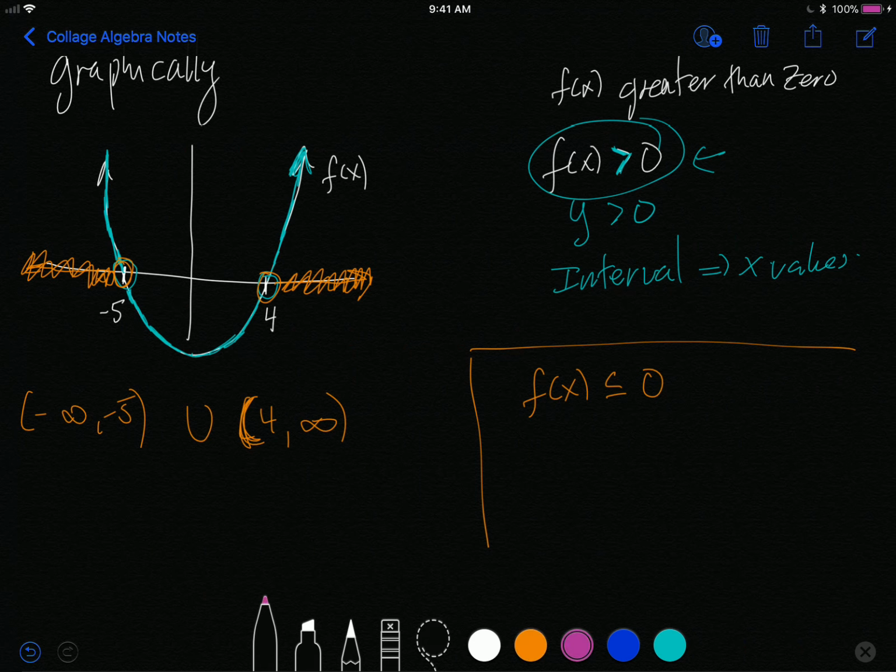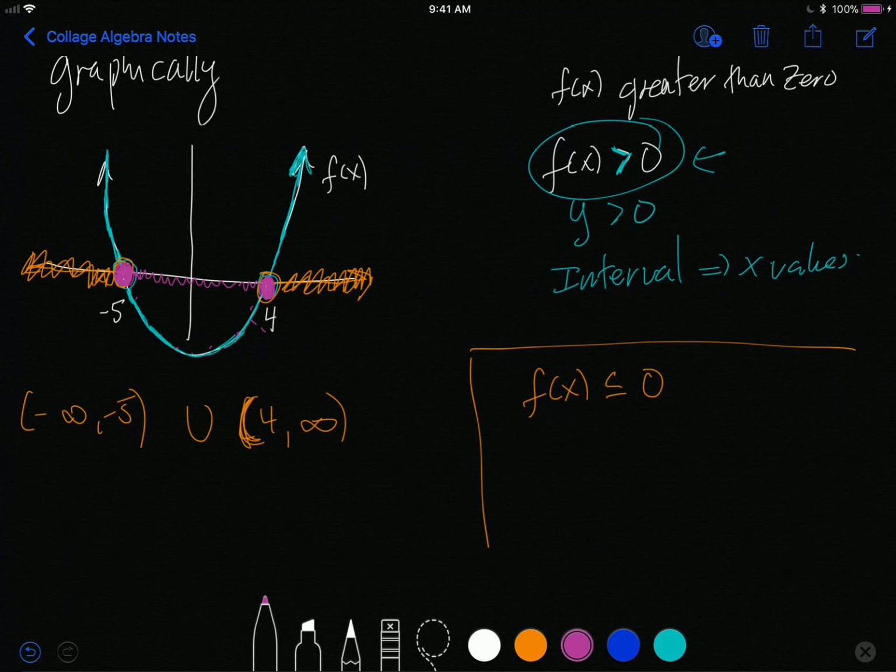Well, at this point, again, the key point of transition is -5, because at -5 the graph enters the water, but this is going to be a closed circle because we're looking at an equal to. And then as I go from -5 to 4, the graph is below the x-axis. And when I get to 4, it stops being below the x-axis, and so you're going to have another closed circle because of the equality.